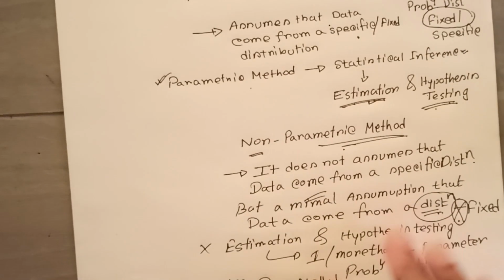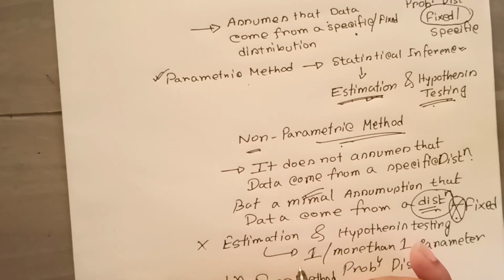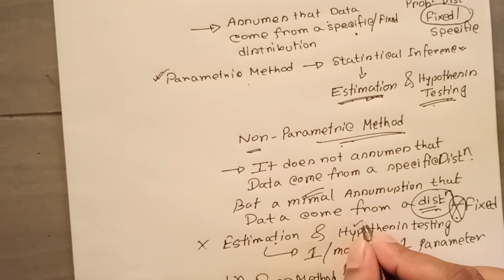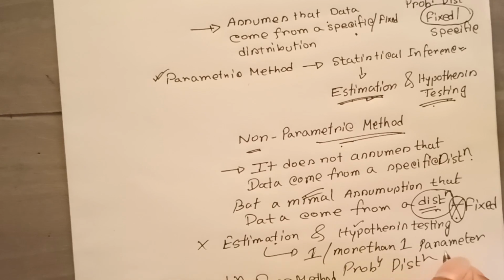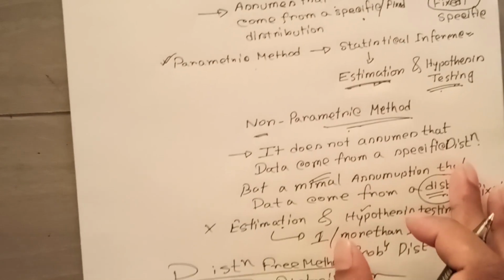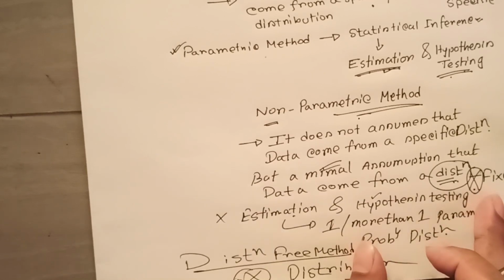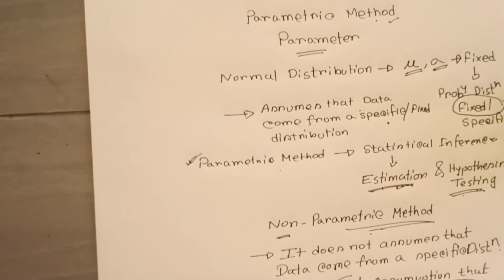Formally, those statistical methods which are not concerned with the estimation and hypothesis testing of one or more than one parameter of a probability distribution are called non-parametric methods. And the distribution-free method does not have any kind of distribution itself. Always remember the key differences among them.